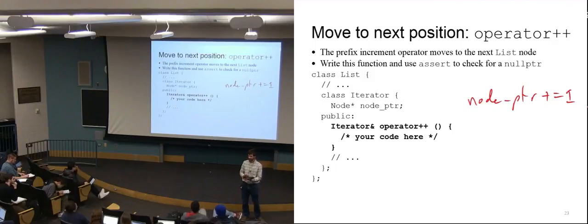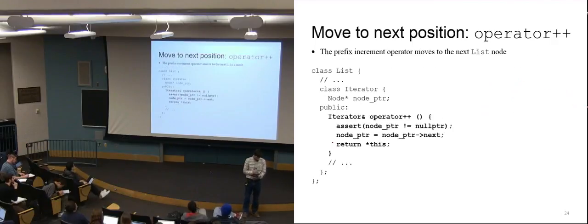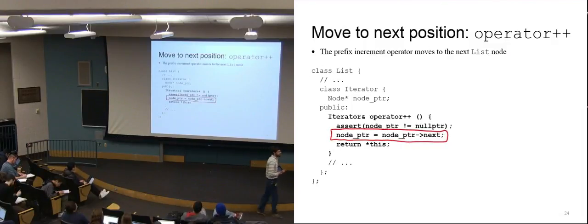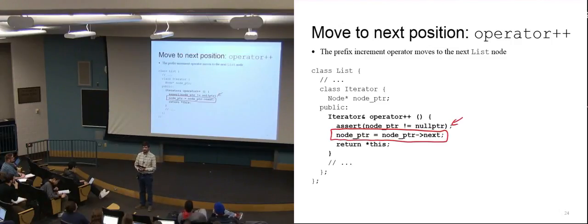No. So instead, we're going to use the next pointer to slide forward one node. Then, before we do that, we should check that we're not already at the end. This will be a little sanity check to crash the programmer's program if they try to whiz past the end and then keep going.